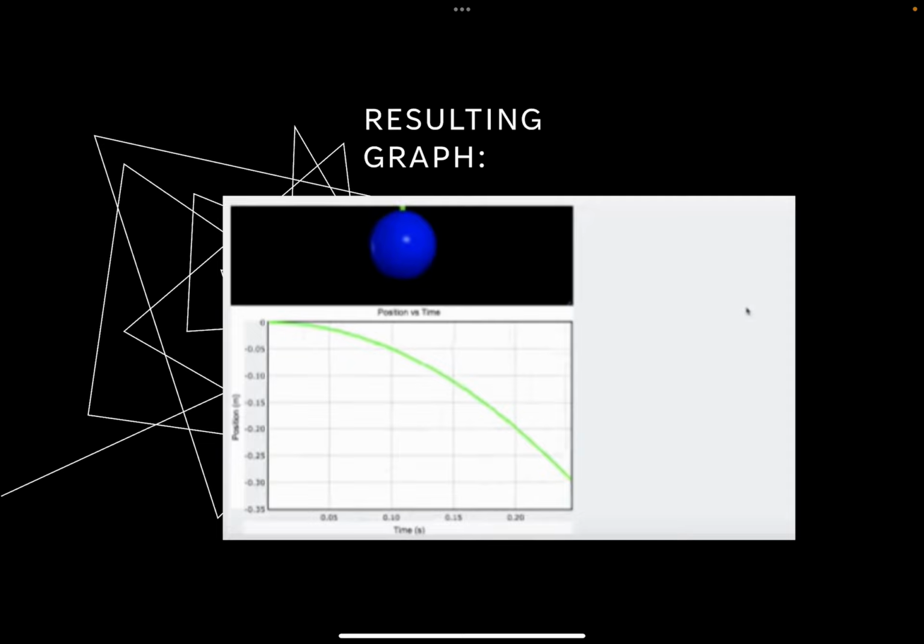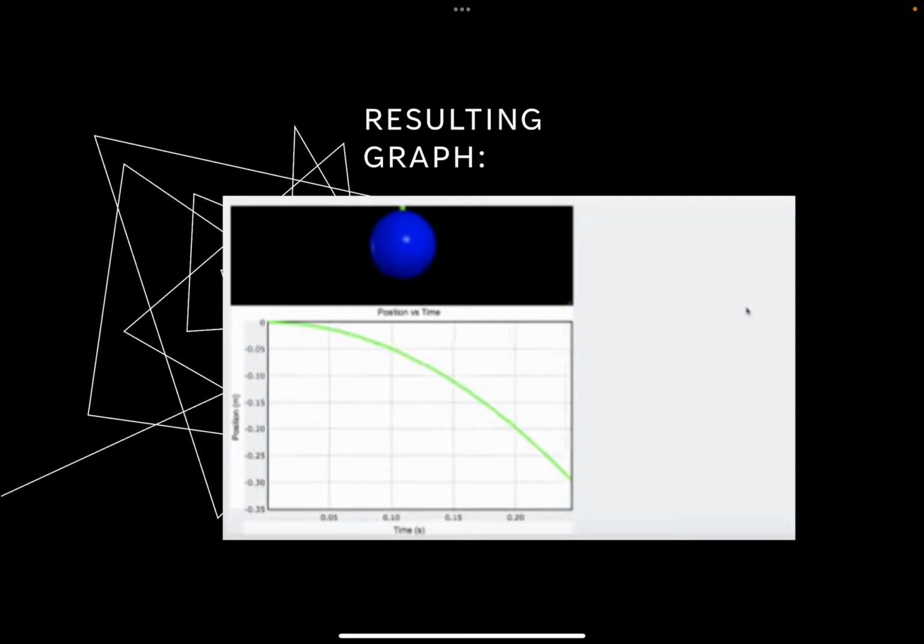Then I used the formula for gravitational force found in the slide before to set the variable w equal to gravitational force. And because only gravity is being considered for this model, F net equals w.